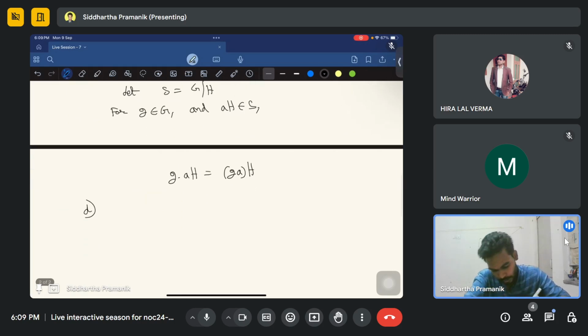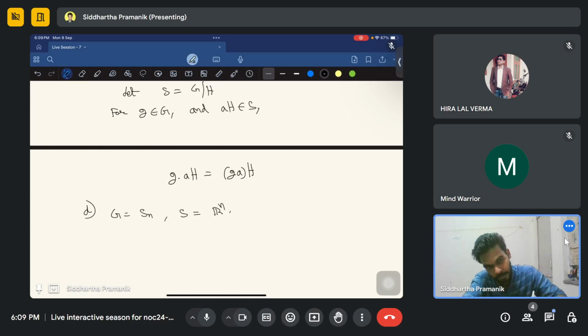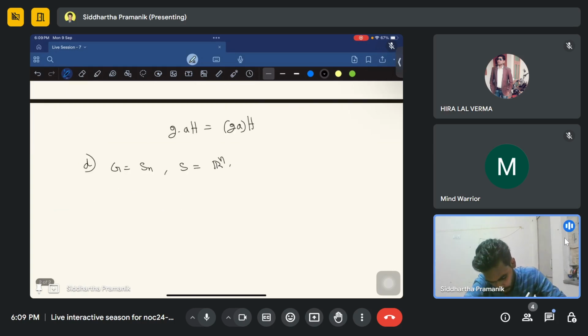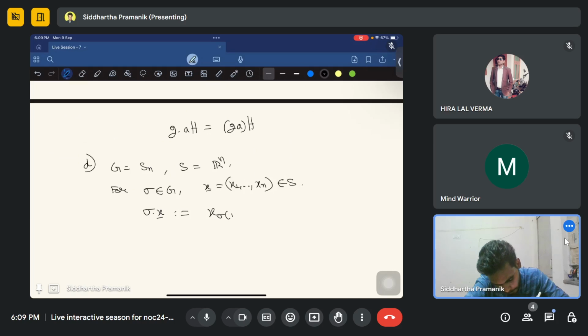And the fourth one is our group G is Sn and our set S is Rn, and for sigma belonging to G and x belonging to S, the definition of group action is sigma dot x is just permuting the coordinates using sigma.